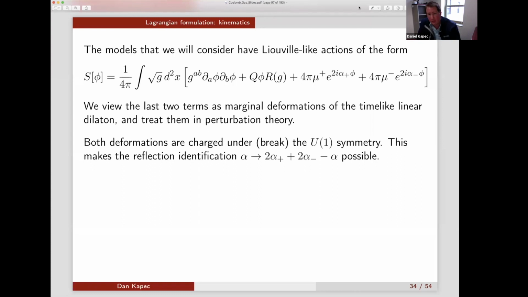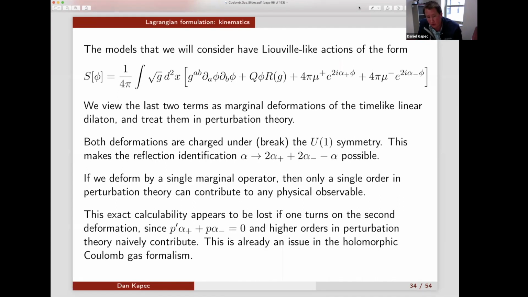And it's important that both of these deformations are charged under and therefore break the U1 symmetry. That makes the reflection identification possible because normally if you have a correlation function and you replace an operator with its reflection, that has a different U1 charge, so you won't satisfy the selection rule anymore, but now you can just compensate that by adding more orders in perturbation theory, essentially.